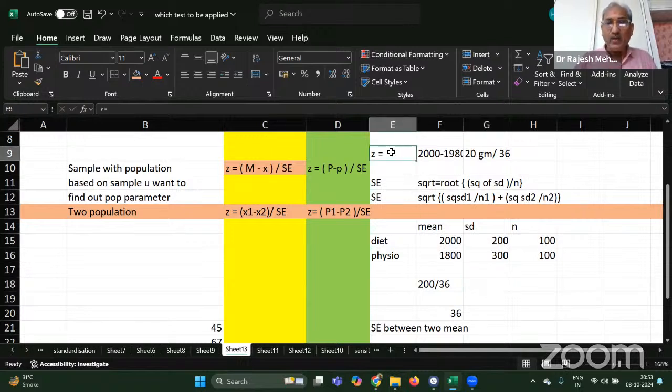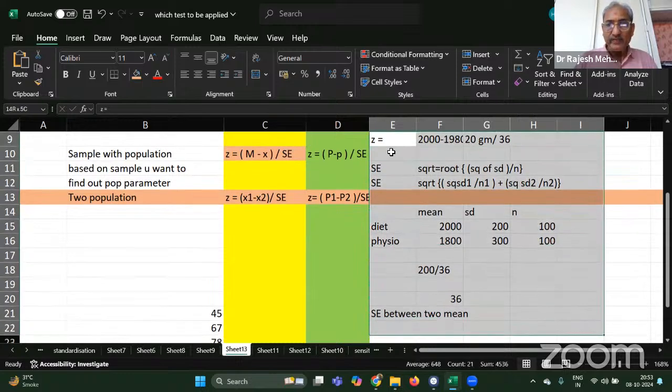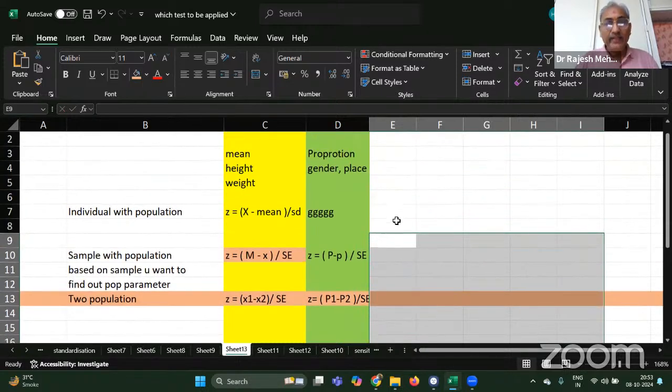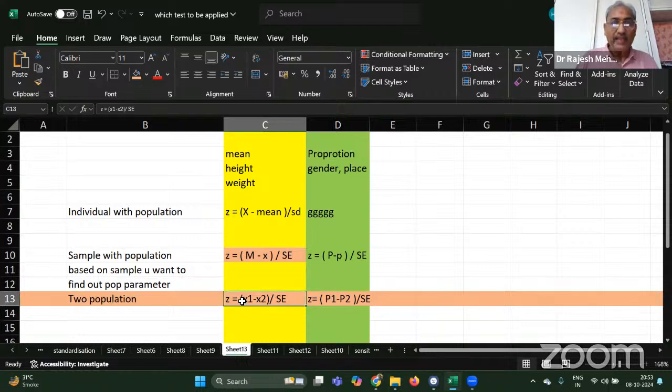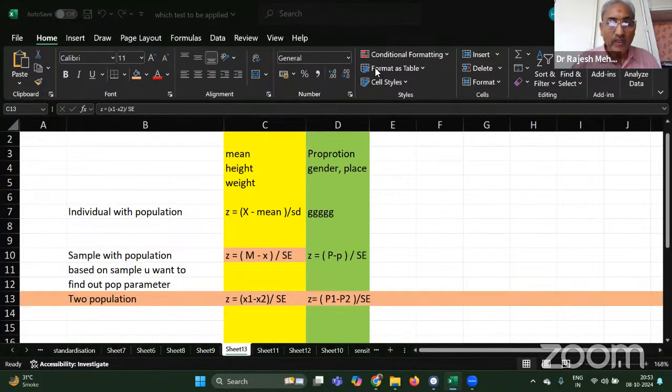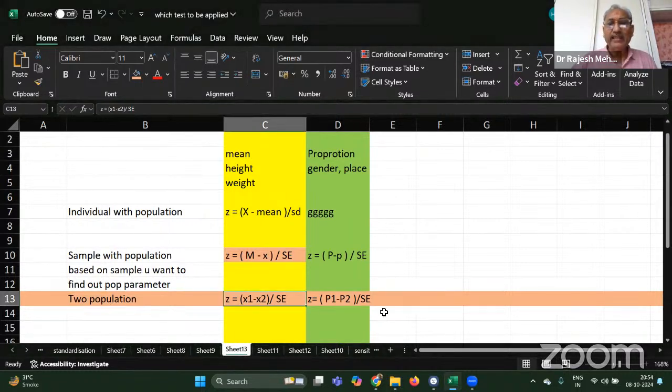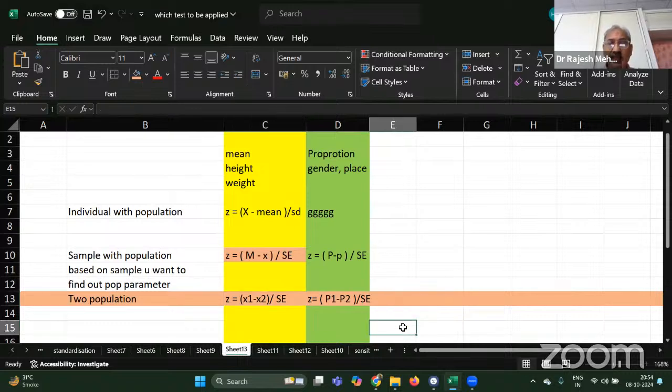So this is how we use the Z test over here. You can have some example over here also, or you can ask some question on how we can use this. Anyway, I will give another example over here, and then we'll make the forum open for question and answer.